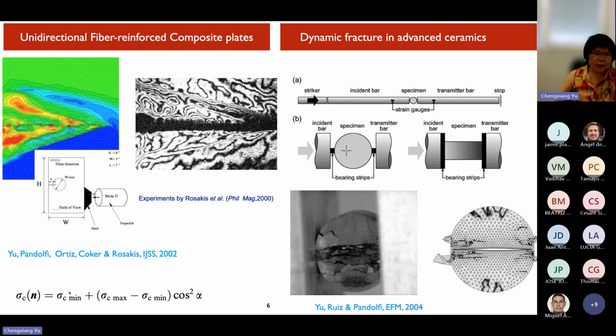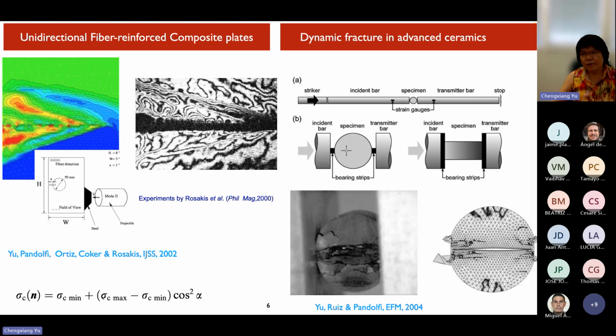This is the application to unidirectional fiber-reinforced composite plates. Here we are able to capture the shock wave structure at the interface, where the cohesive model varies according to the angle with respect to the fiber direction.